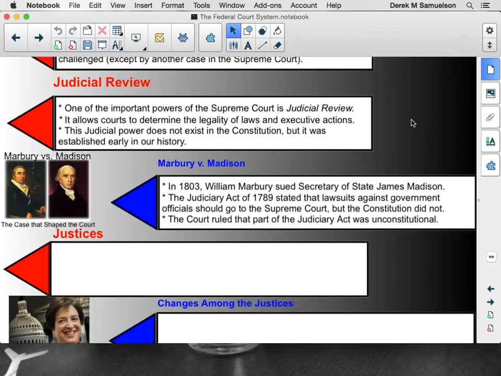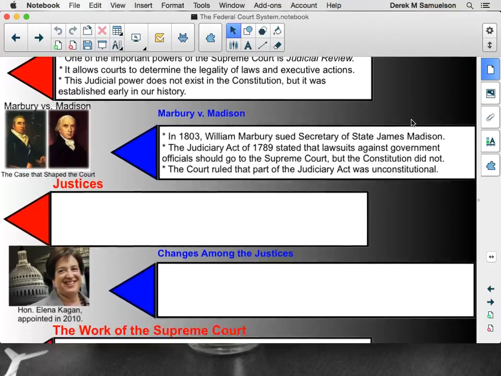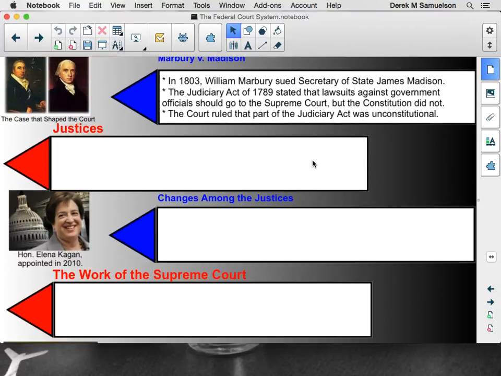But by saying that, they were granting a bigger power to themselves. That is the power to say that Congress, a part of your law, is illegal. And once they established that they can declare a law to be illegal, unconstitutional, that was the greatest power of all. That is judicial review.